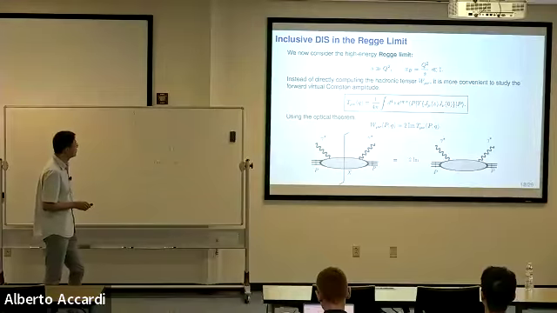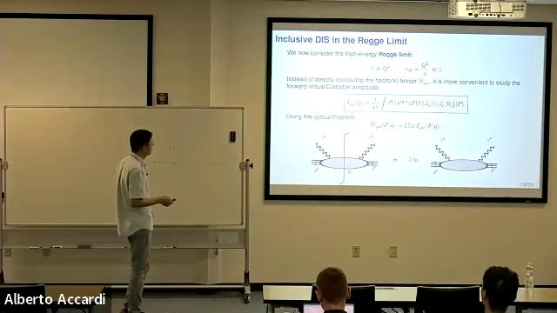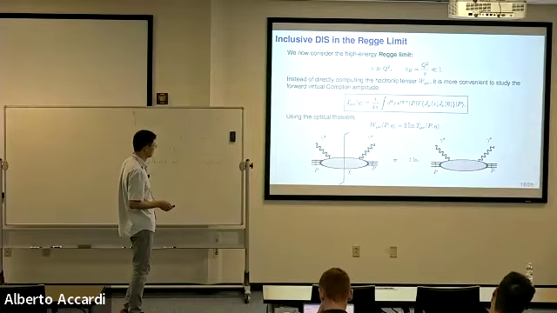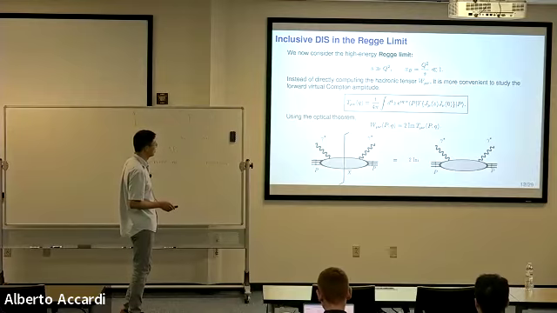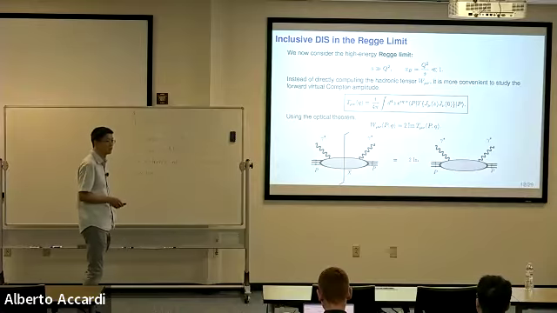In this case, it's also easier to do the calculation not directly with this cut diagram, where you have all possible final states X. Instead, we can consider the forward scattering amplitude, because they are related to the imaginary part of the forward scattering amplitude.